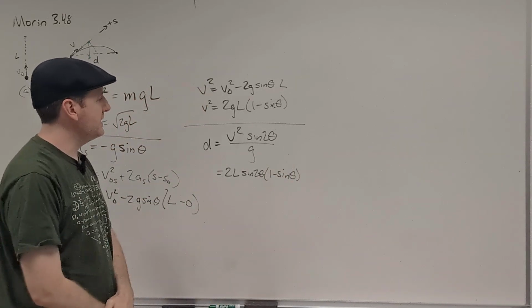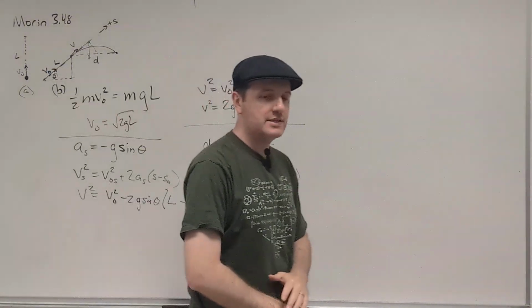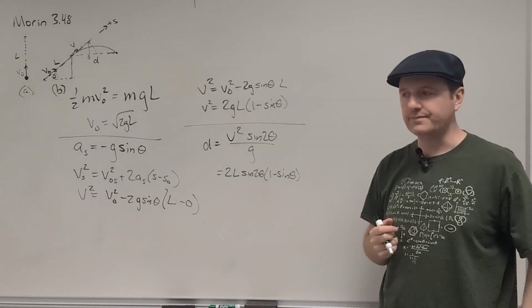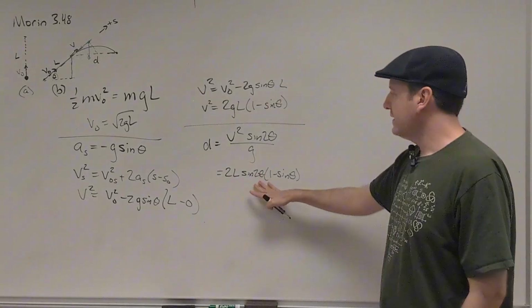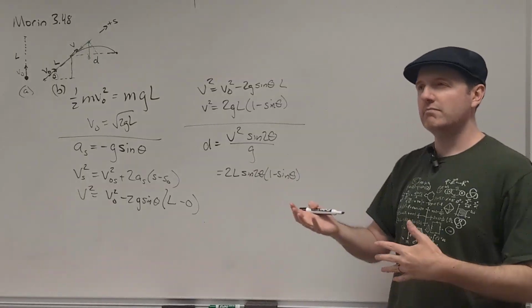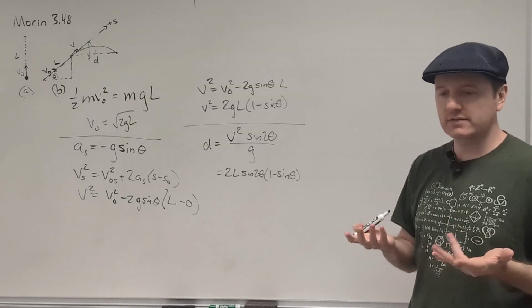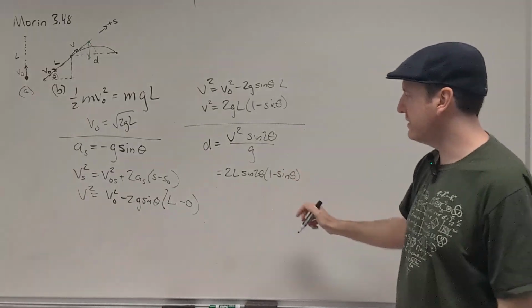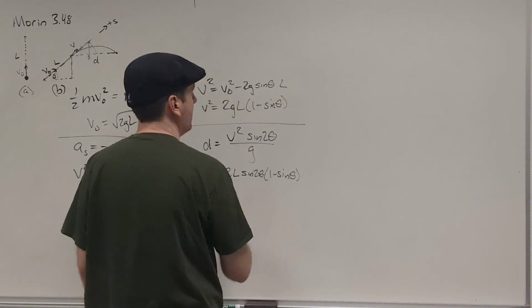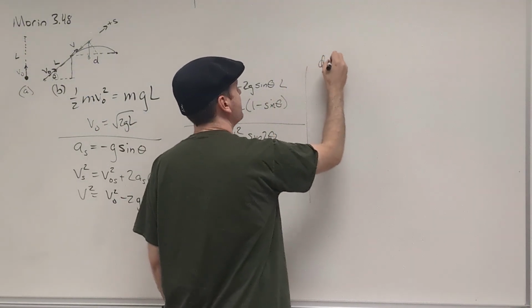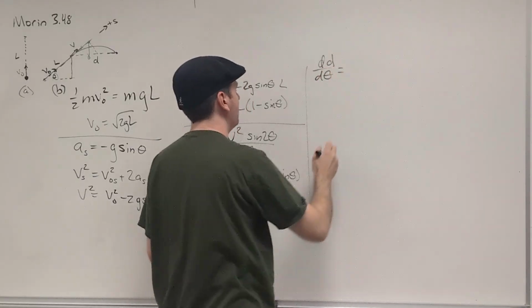Okay, so this is the distance, and we want to maximize this with respect to theta. So we're going to take our derivatives as usual. We will go ahead and leave this in the double angle form, although at the end it might be convenient to calculate things in terms of sines and cosines, but let's leave it as is. And we'll take our derivative over here, d by d theta.